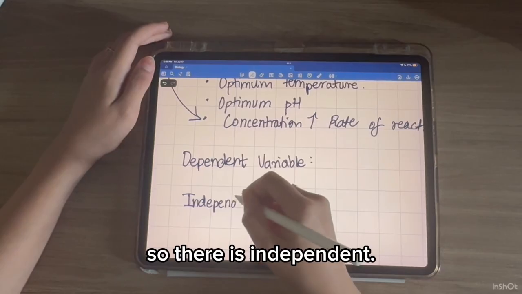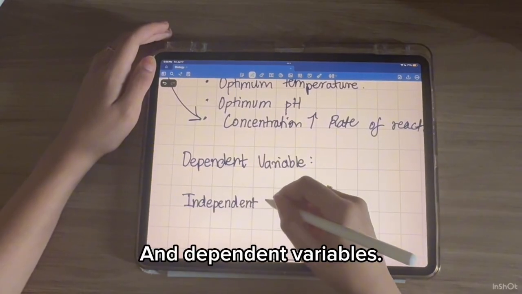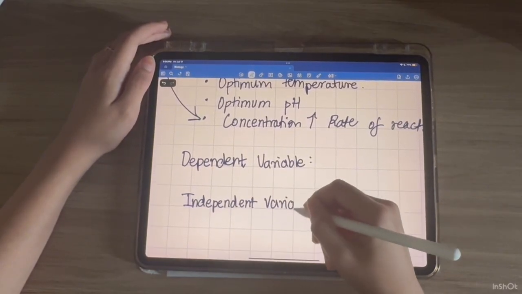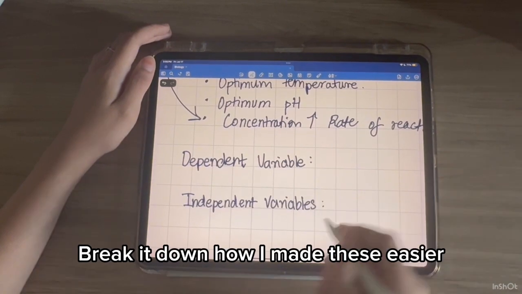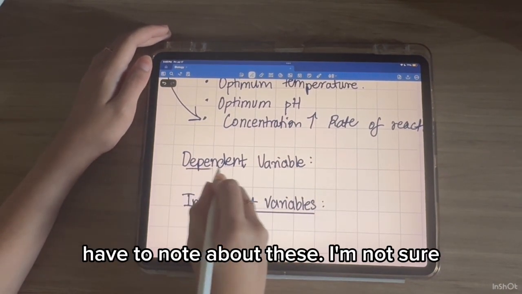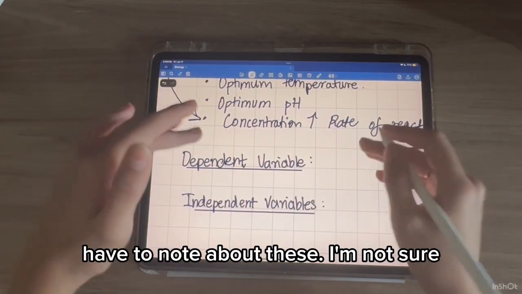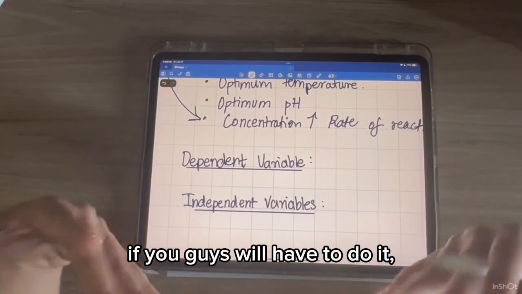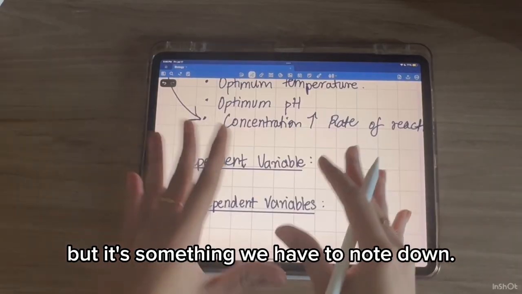Okay, so there are independent and dependent variables. I'll break down how I made these easier for myself to do, and some things you have to note about these. I'm not sure if you guys will have to do it, but it's something we had to note down.